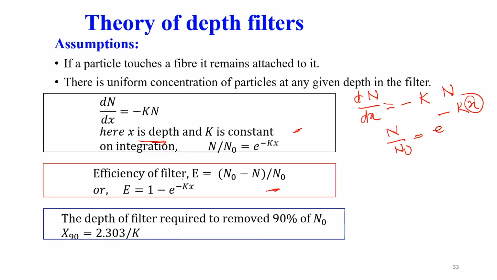If you want to calculate the efficiency of the filter, it is initial number of cells minus final number of cells, divided by N0. That is the efficiency.